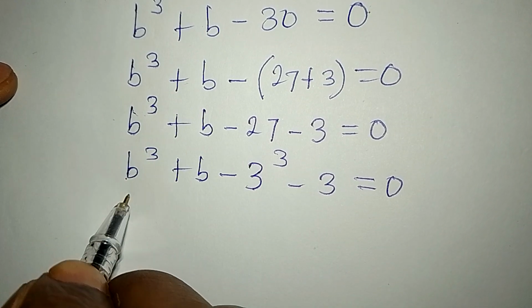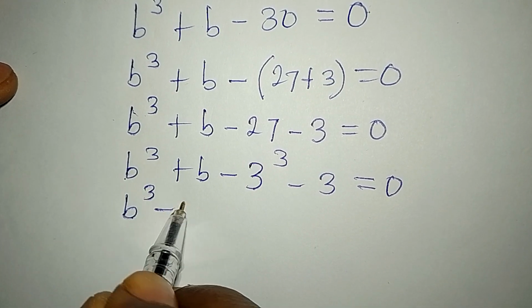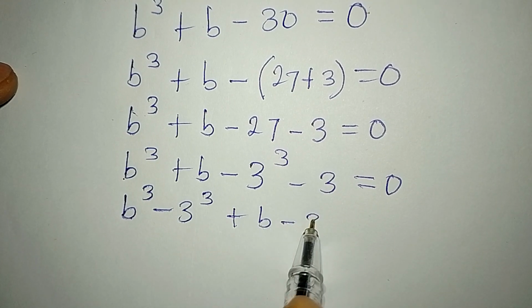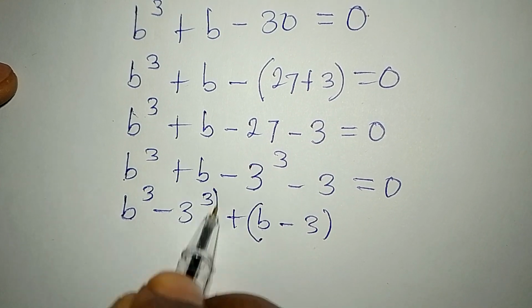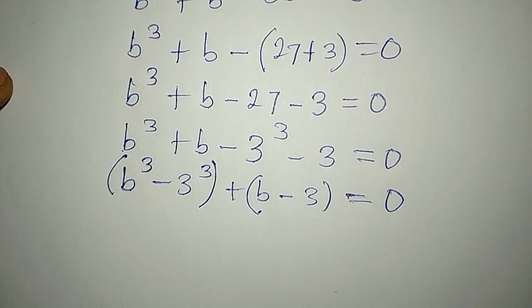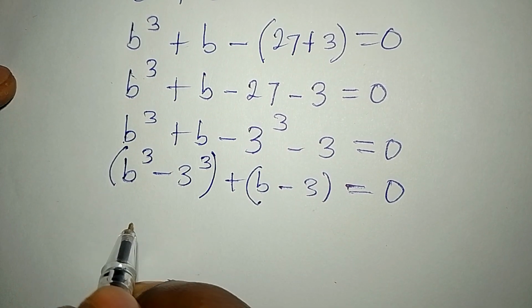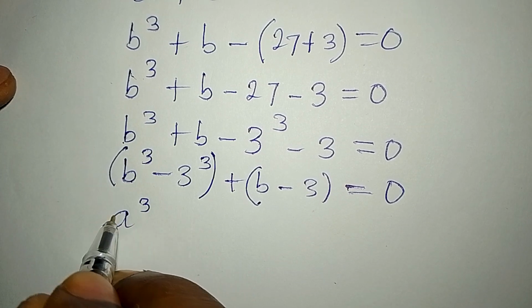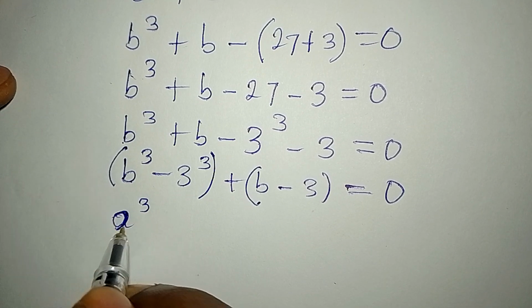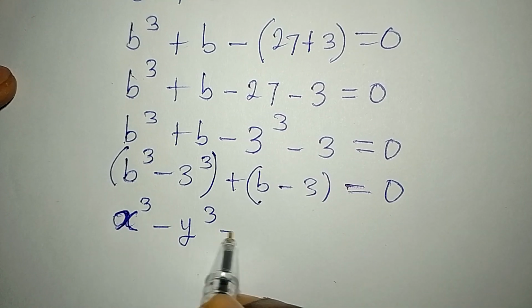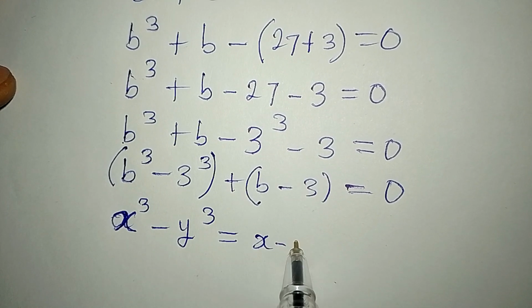Bring this and this together. B to the power of 3 minus 3 to the power of 3, then plus b minus 3. We'll deal with this and deal with this separately. This is now equal to 0. Then remember this standard that a to the power of 3, okay, let me use x to the power of 3 minus y to the power of 3 is equal to x minus y.